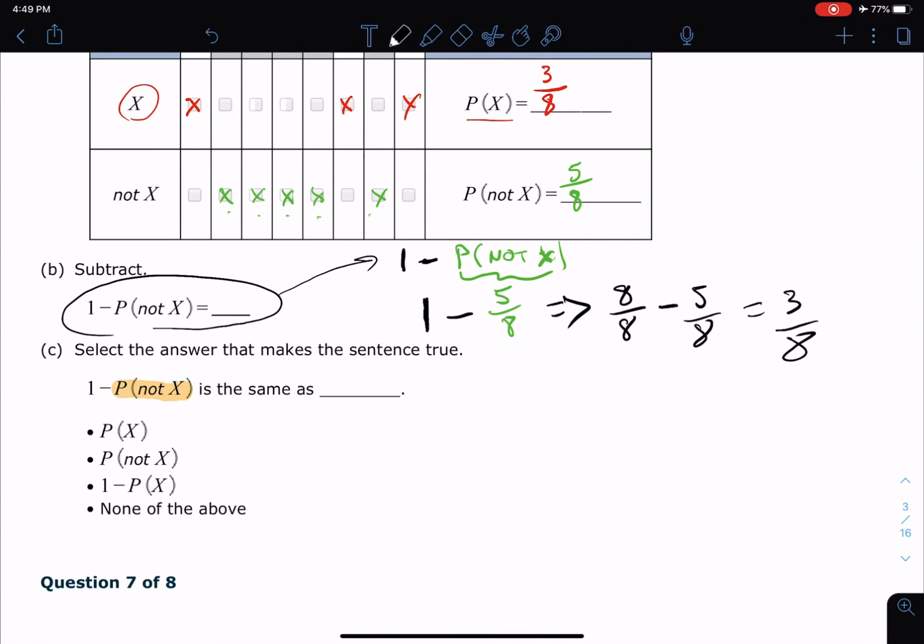It's the same as just taking p of x. So p of not x and p of x are complements of each other, and they will add up to 1. So if you take 1 minus p of not x, then that'll be equal to p of x.